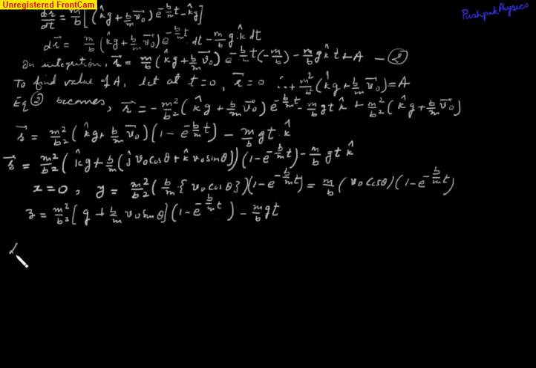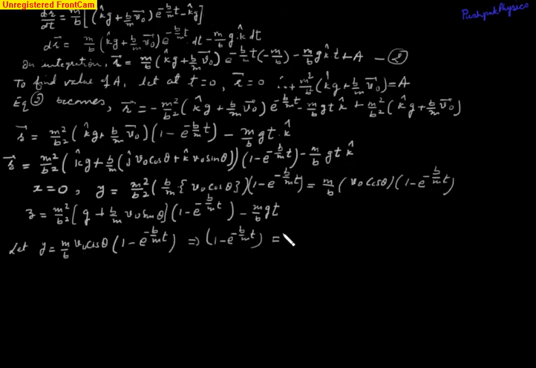Firstly, let y be equal to m over b v naught cos of theta, multiplied by 1 minus e to the power minus b over m into t. So from here I can find the value of this term. It gives me 1 minus e to the power minus b over m into t.